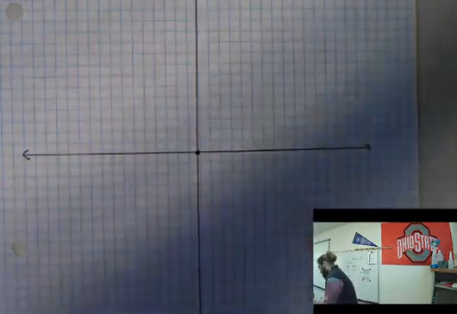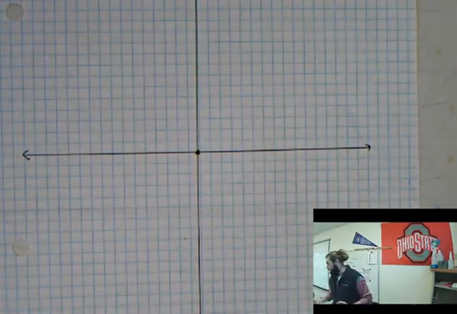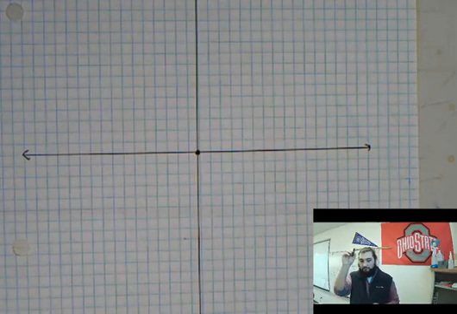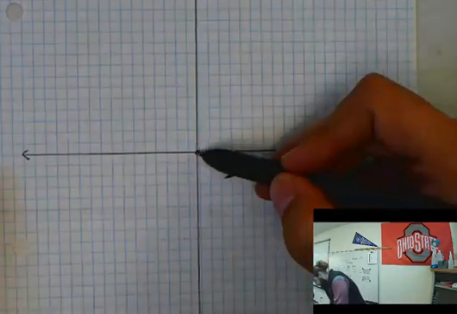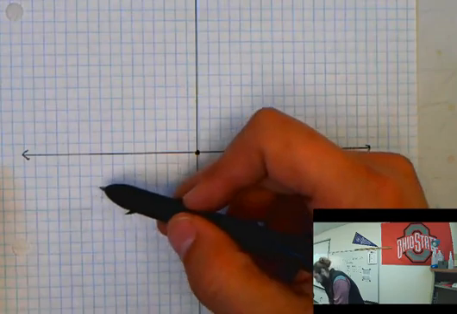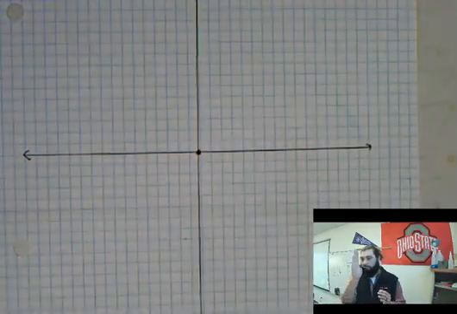From there, we're going to take our ordered pairs and just place them on our coordinate plane. We go up, put our dot. Very simple. First one is 0, negative 8. The first number is always your horizontal value. If you think of it like a number line, here's 0.